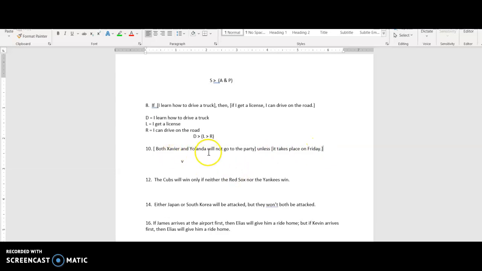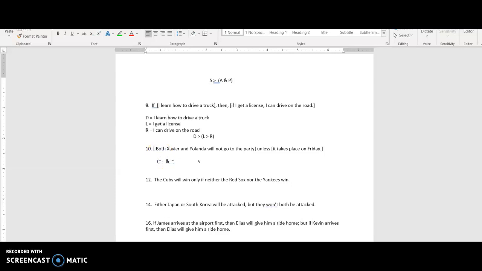So, both Xavier and Yolanda will not go to the party. Both not is going to be a conjunction of two negations. Both Xavier and Yolanda will not go. That means Xavier will not go.